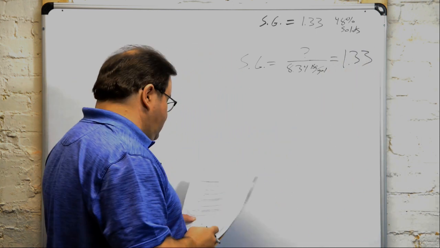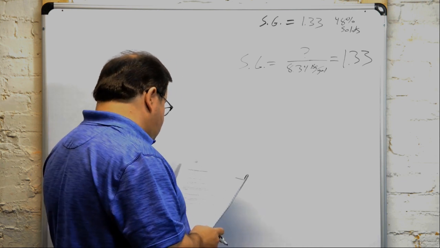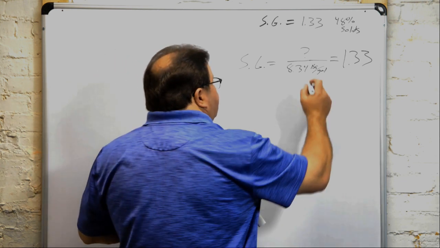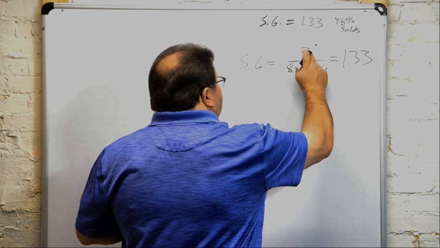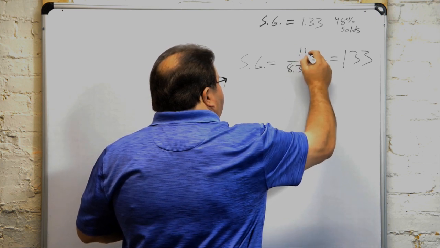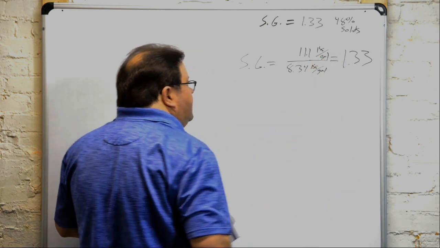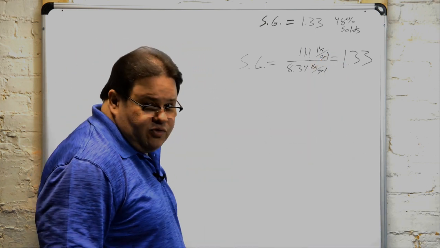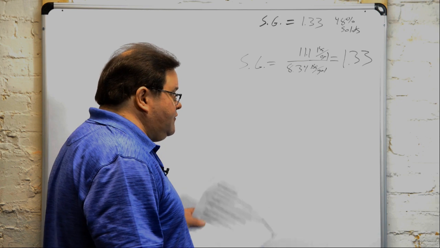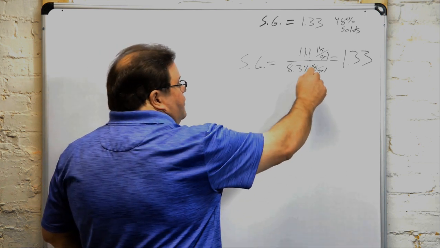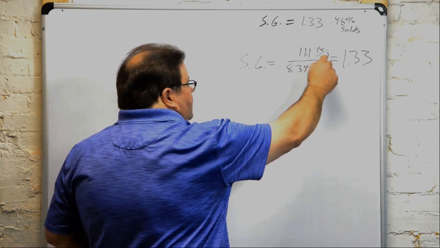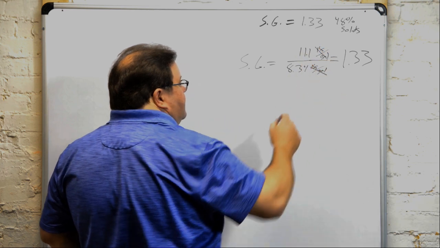So what is that number going to be? That number is going to be 11.1 pounds per gallon. The result's going to be 1.33. It's going to work with any units because we're dividing out those units right there.